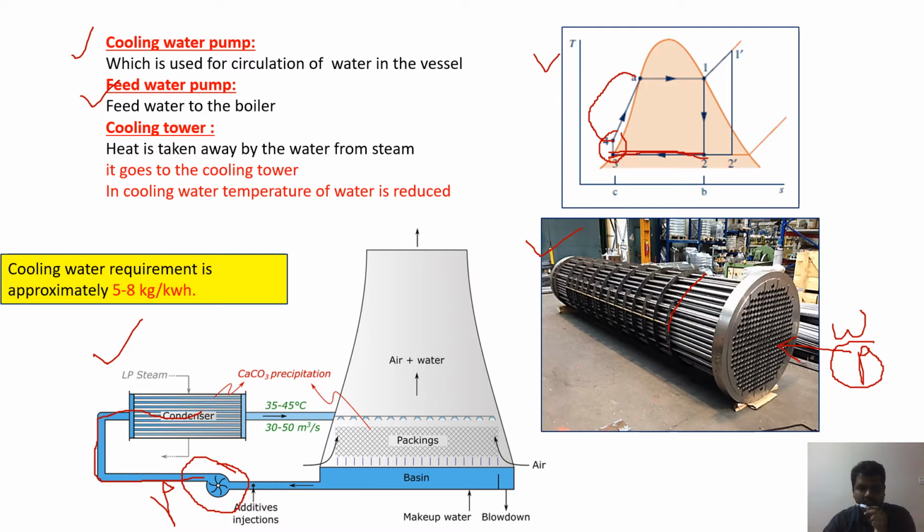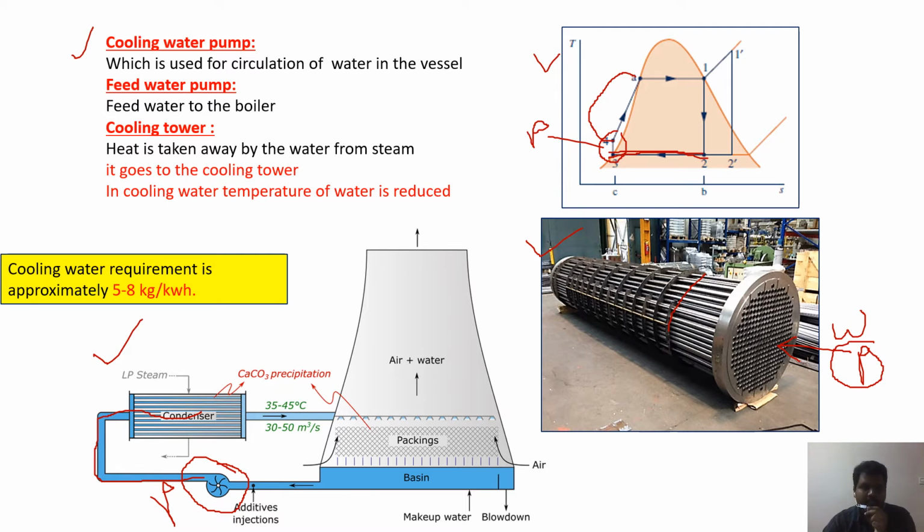So this pump is known as the feed water pump. Here two pumps are there. One pump is to send the cool water inside the tubes. The other pump is to send the condensate to the boiler, that is the feed water pump.